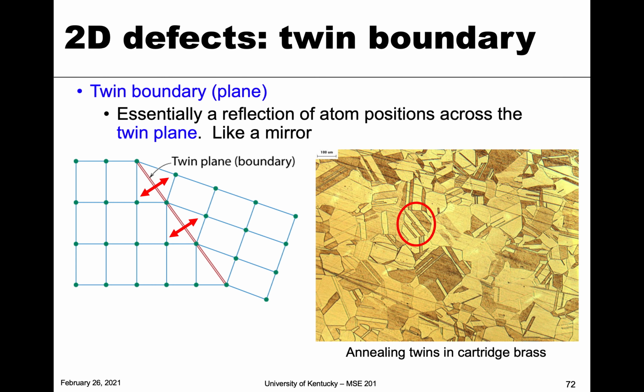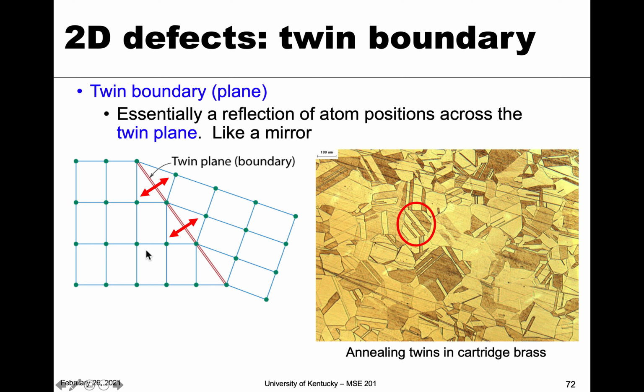During this formation, we can also get something called twins, or a twin boundary. This is a plane, so it's a planar defect, two-dimensional. Basically it's like a reflection of the atomic positions about a certain plane.